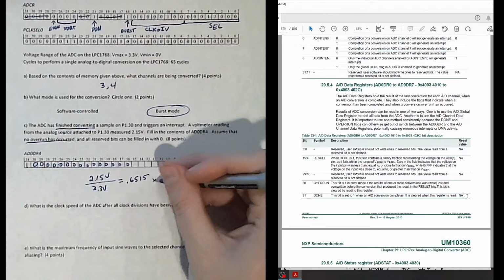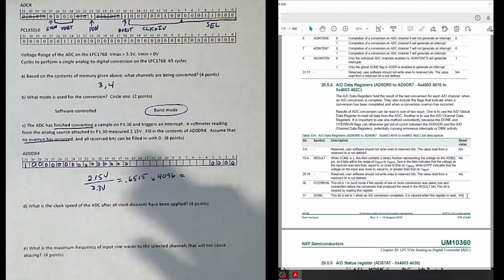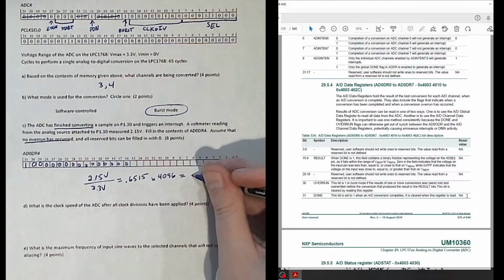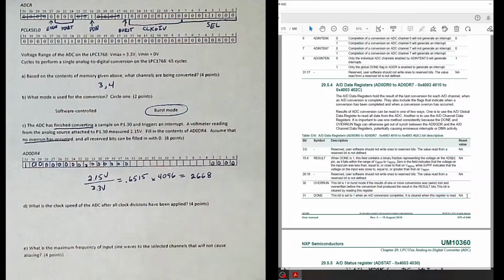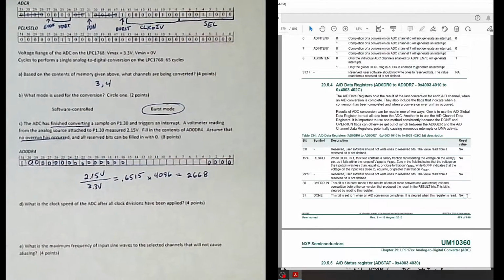Because our values are between 0 and 4095, this is going to be an approximation. We get 2668 or 2669. I think I accepted both of those as possible answers because we are rounding here, and it's a little too technical to know which one the ADC is going to pick when you're in between. But we get 2668.